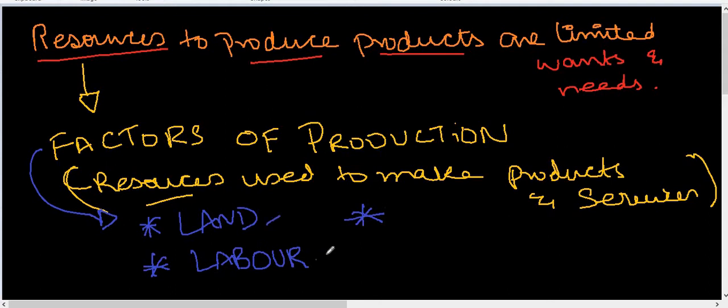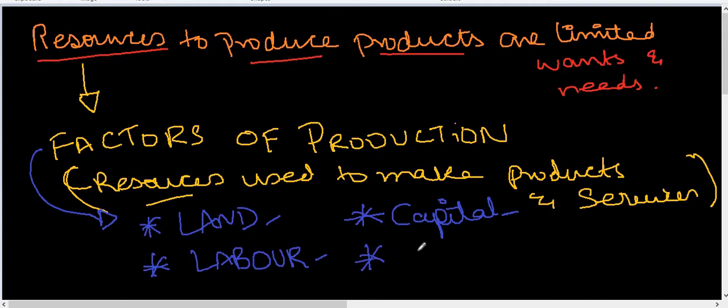Land is a resource, labor is a resource, and the next one is capital. Let's not forget about the money and the machinery, the investment you need to make in your business. If you're, let's say, Coca-Cola, you need to buy machinery. You need to spend money on trucks to take bottles from one place to another. So all those capitals and money come under capital. That's again another resource you need.